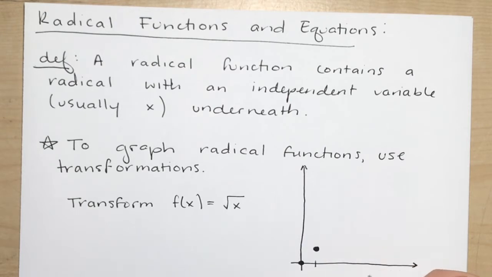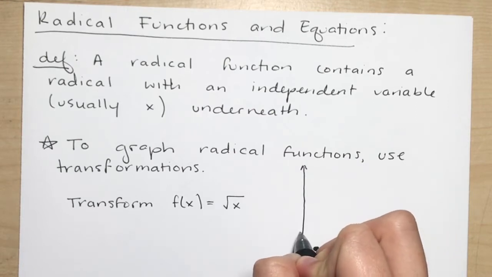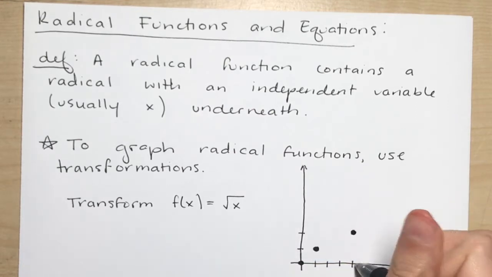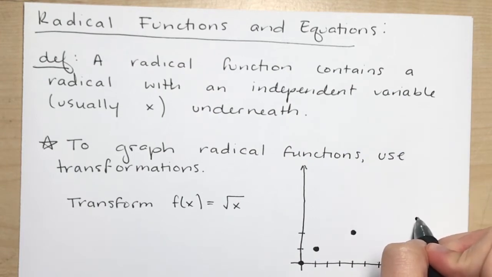What's the next number that we can take a nice square root of and get a nice answer? 4, right? And what is the square root of 4? Well, positive 2. And then the next number that we have a nice square root for is 9, and it's positive 3.